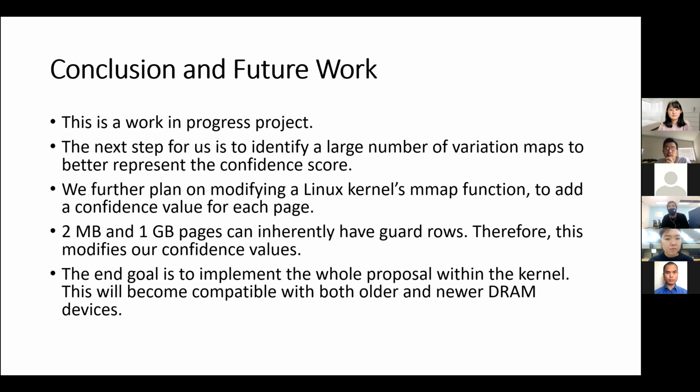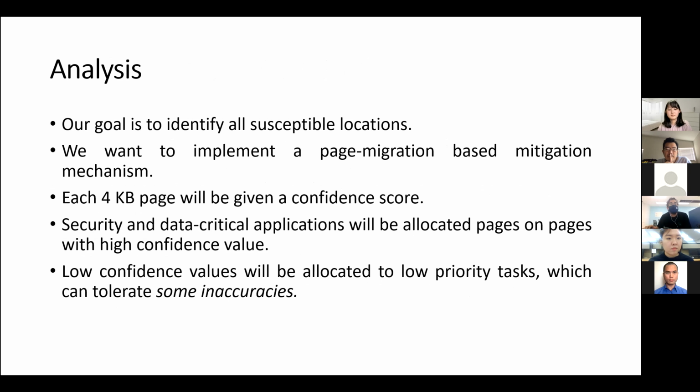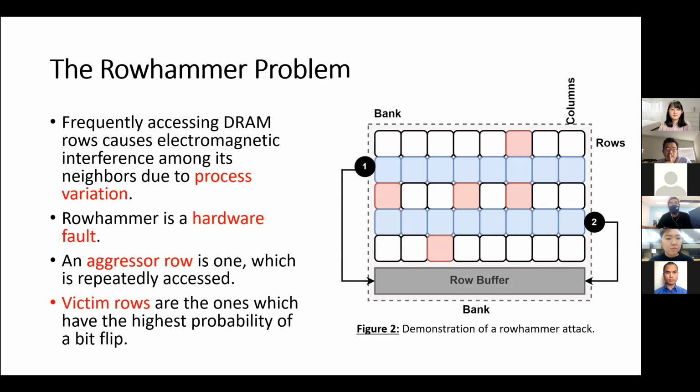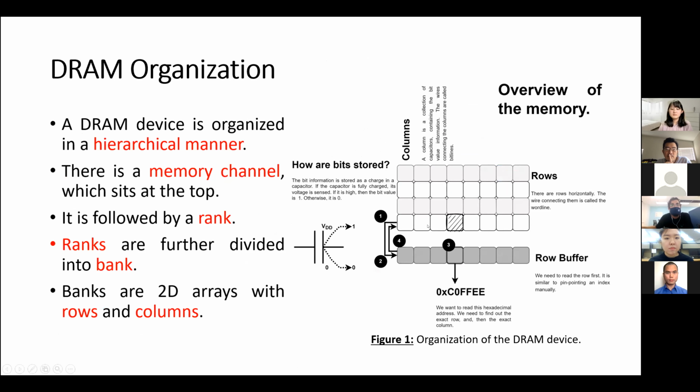One row by one row. So how this works is that when we access a particular memory address, the whole row is activated on the row buffer. Whenever you want to do a read or write operation on the memory, you have to activate the whole row.